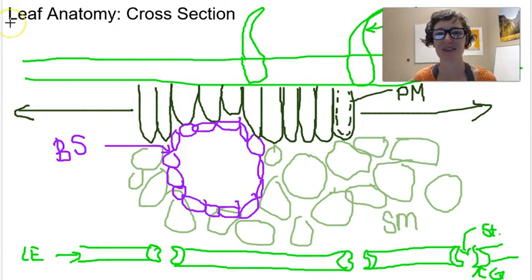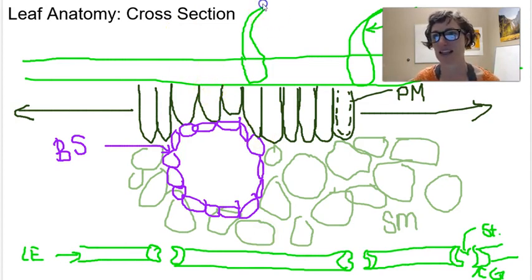So the leaves kind of face upright with their top facing inward and their bottom facing outward. And if you think about how the xylem is oriented in a stem, xylem is always toward the center, phloem is always toward the outside of the stem, toward the epidermis. So as these leaves develop, the top part of the leaf would be toward the center of the plant, and the bottom part of the leaf would be toward the outside of the plant. And then they'll fold open, and the upper epidermis will be up, and the lower epidermis will be down.